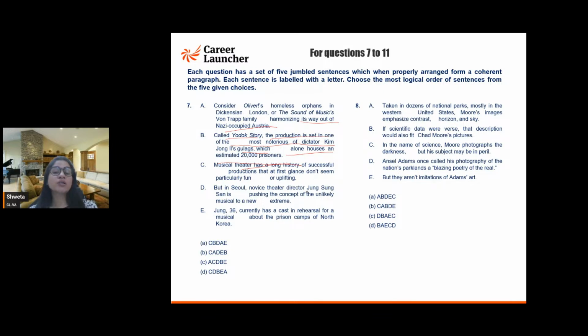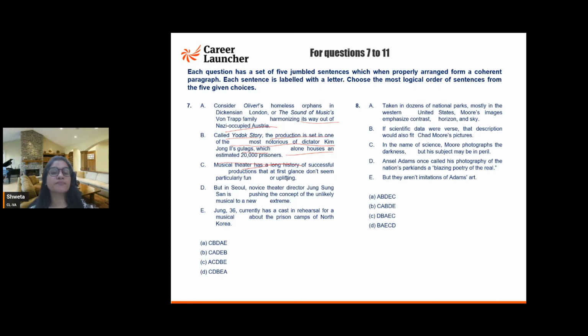But in Seoul, the theater director Ahn Sang San is pushing the concept of the unlikely musical to a new extreme. So, first of all, I'd like to know what is your understanding? Did you guys understand what is given in the paragraph?